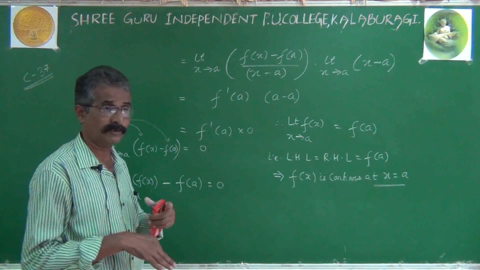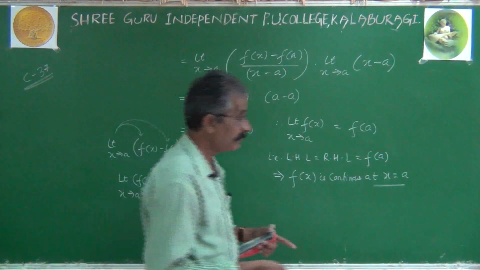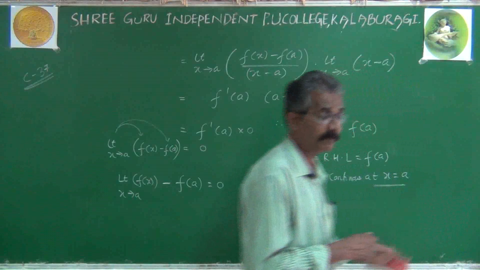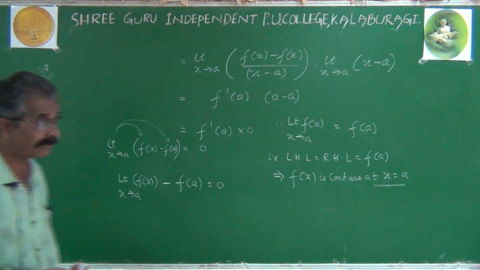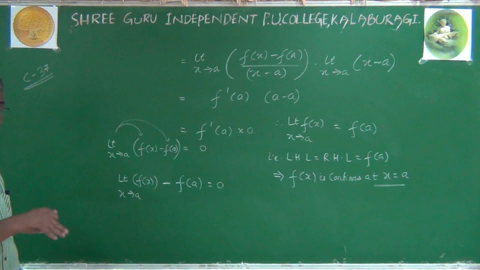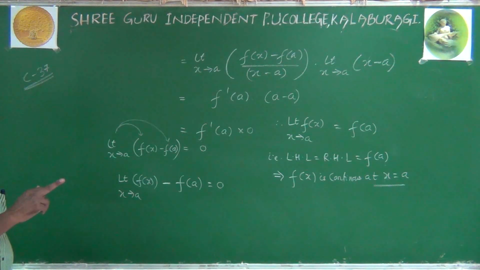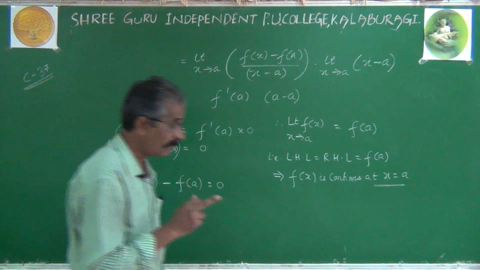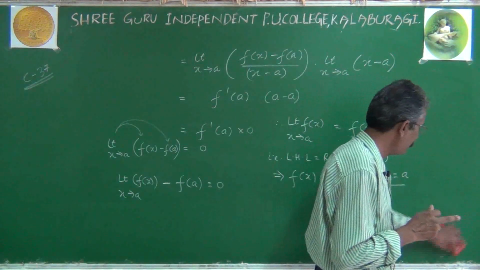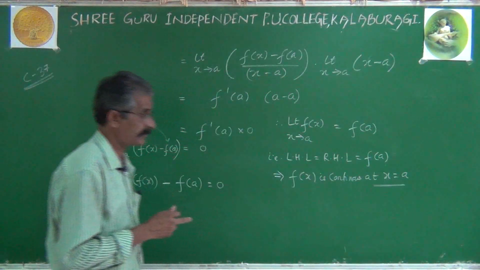But the converse, a function which is continuous, may become differentiable or may not become differentiable; that we shall illustrate through an upcoming sum problem. But the theorem is 100% sure, true. The theorem says that every differentiable function is always continuous.